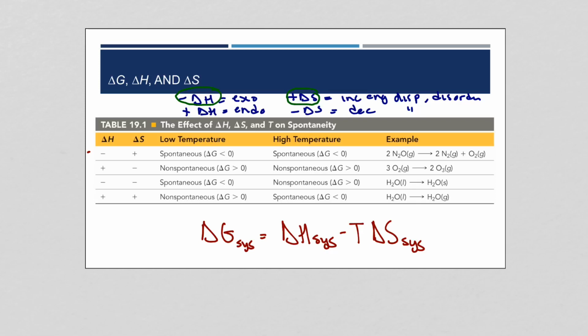The ones that are a little trickier, the ones we have to really think about and do calculations for, are if we have one of the criteria that favors spontaneity but the other one doesn't.